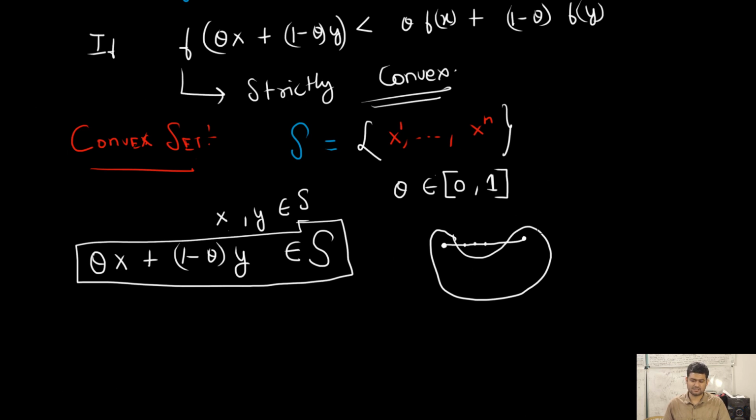So that's why this set is not a convex set. Whereas this set, if we select any 2 points, the line segment between them is also inside the set. So every point in this line segment is also inside the set. So this is an example of a convex set.